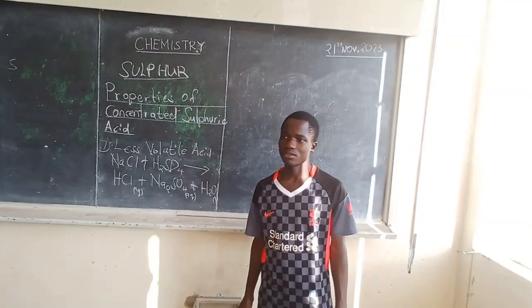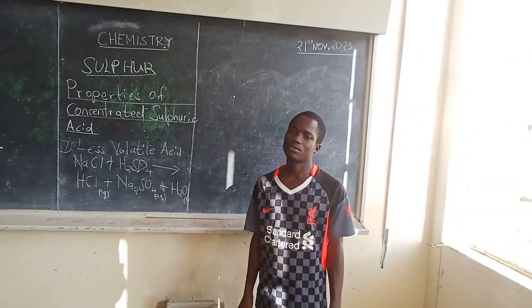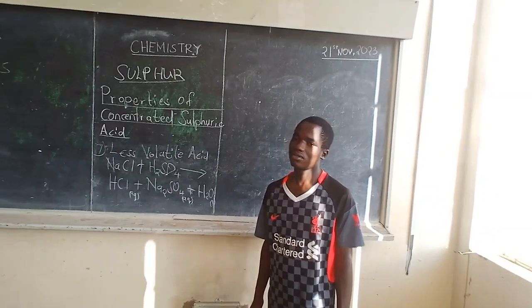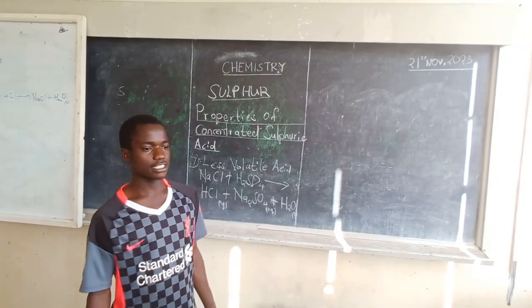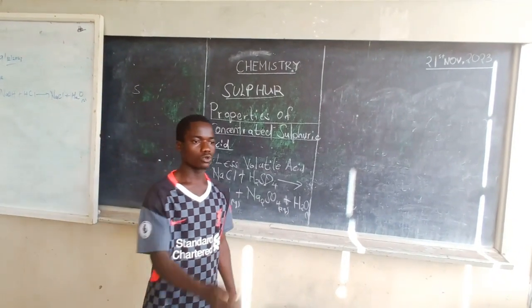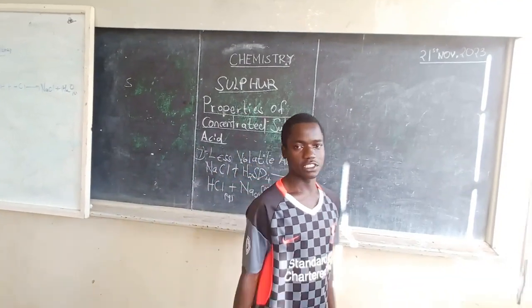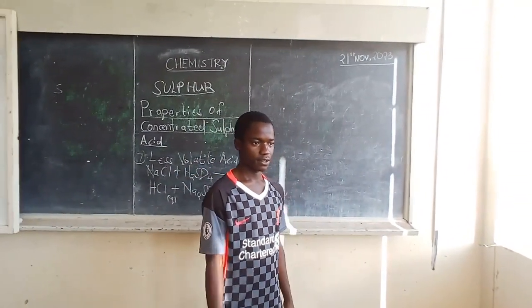Concentrated sulfuric acid can be used to dry gases that do not react with the acid. Very good. And we named some of the gases that can be dried. Somebody tell us one that we named. Oxygen gas. Very good.